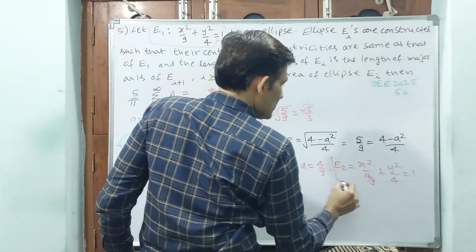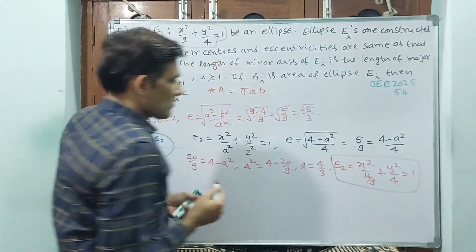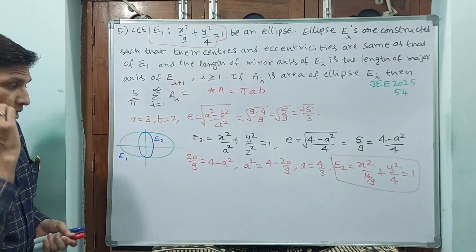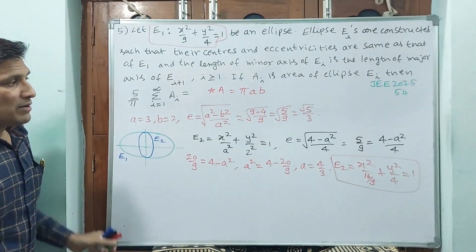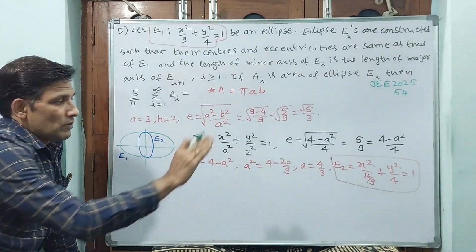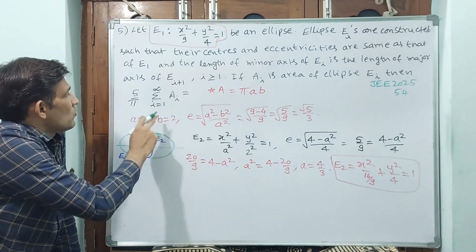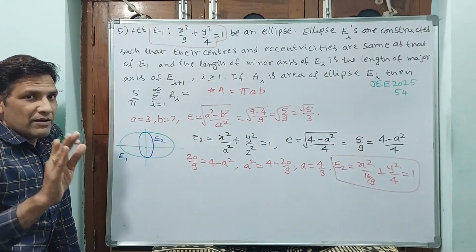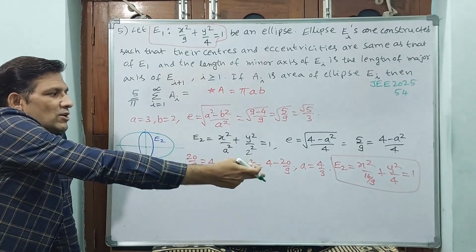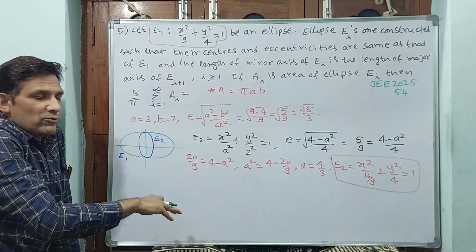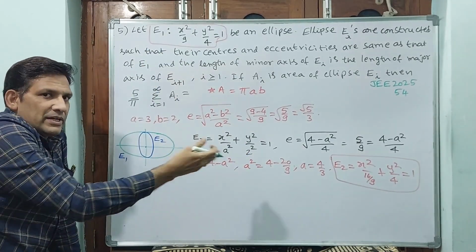E2 we have found: x square by 16 by 9 plus y square by 4 is equal to 1. That is your E2. Because we have to go up to infinity, we need not find all. First they have given, second we have found, and third also we will find.